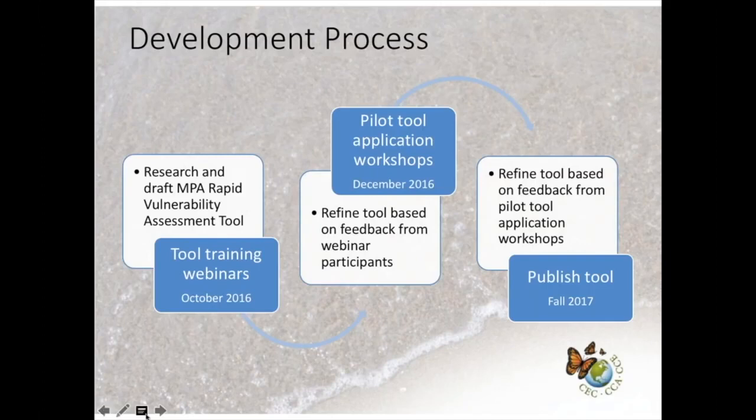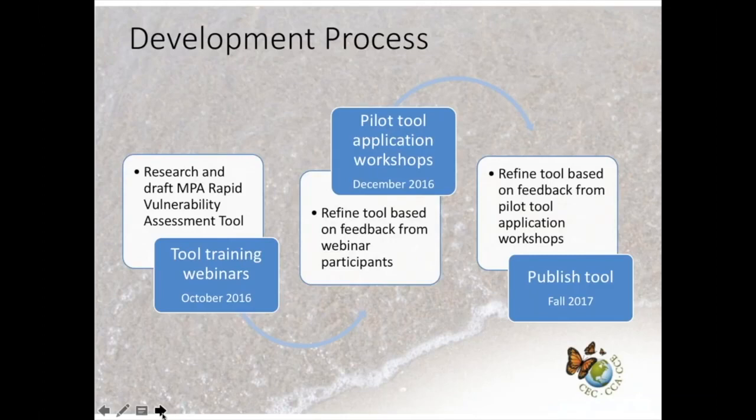EcoAdapt initially researched and developed a first draft RVA, and then gave a webinar on that tool so that everybody could have an idea where this was going before we then piloted the tool. The tool was piloted in the 2 seascapes that we saw before, the Pacific Northwest and the Central Coast and Islands.